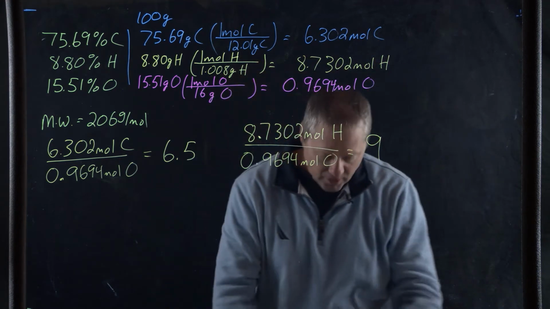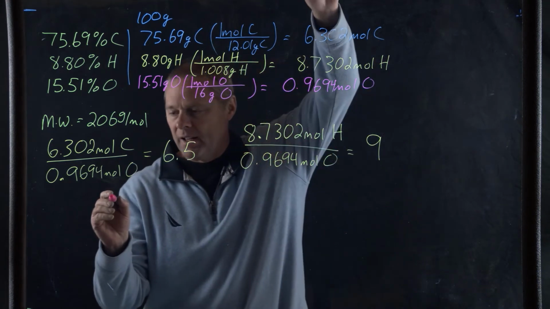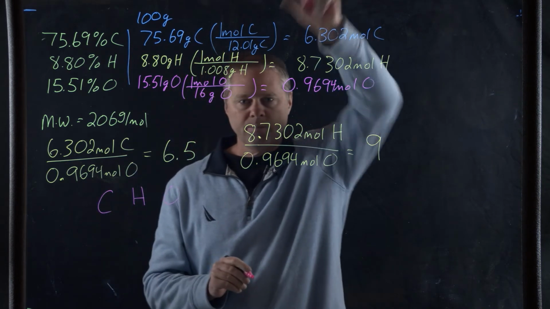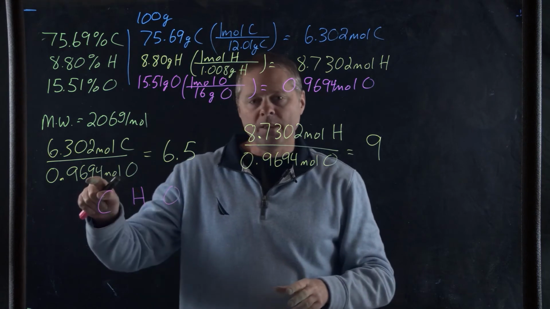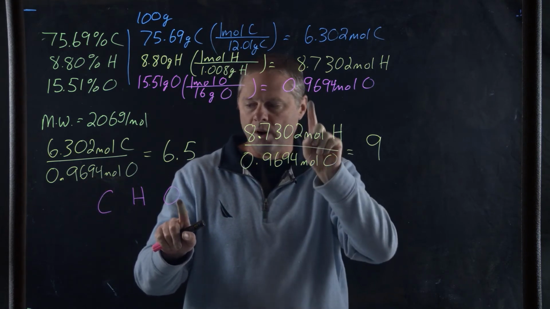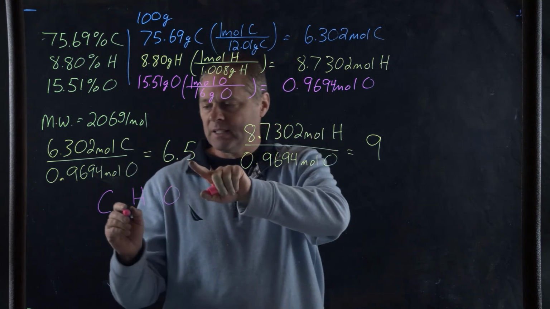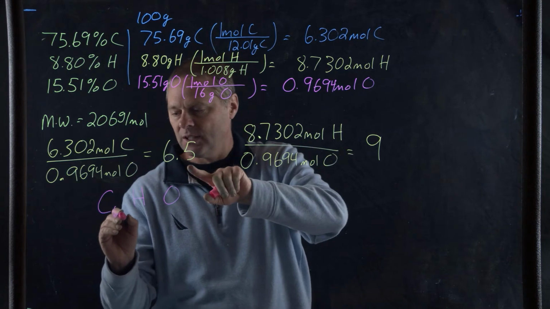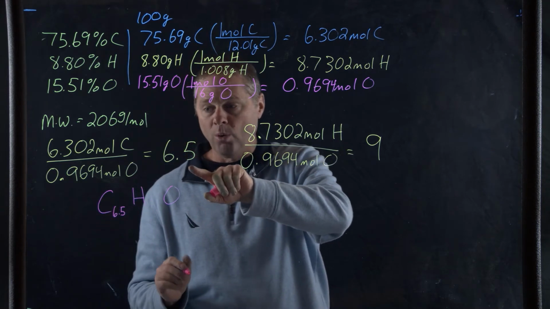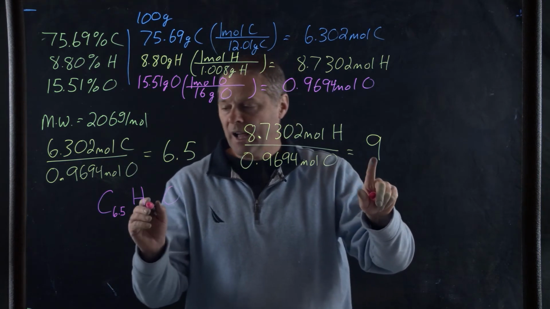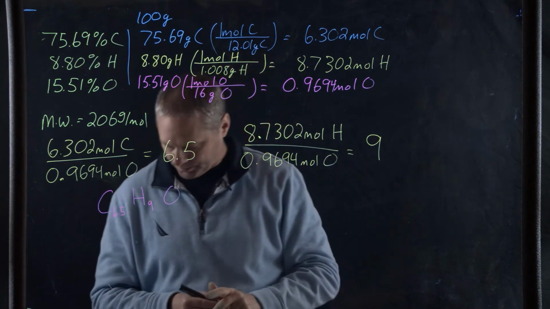So by dividing by the moles of oxygen, we have set the subscript for oxygen to be 1. If we have 1 oxygen, we have 6.5 moles of carbon and 9 moles of hydrogen.